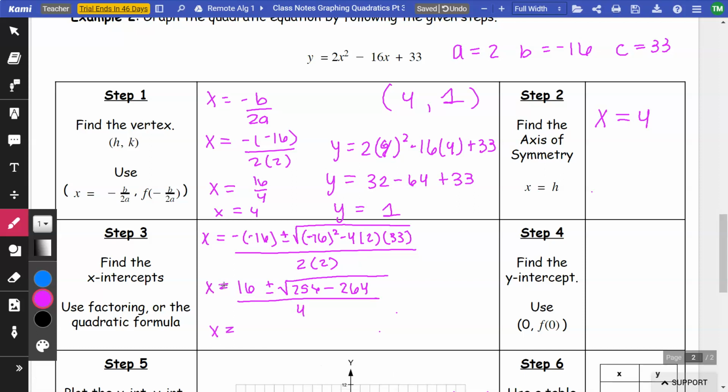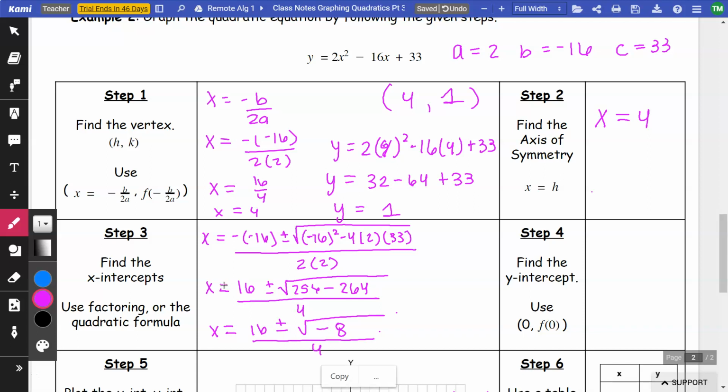So x is equal to 16 plus or minus. These are supposed to be equal signs. Let's fix that. There we go. The square root of 256 minus 264 is negative 8, right? Yeah, all over 4.